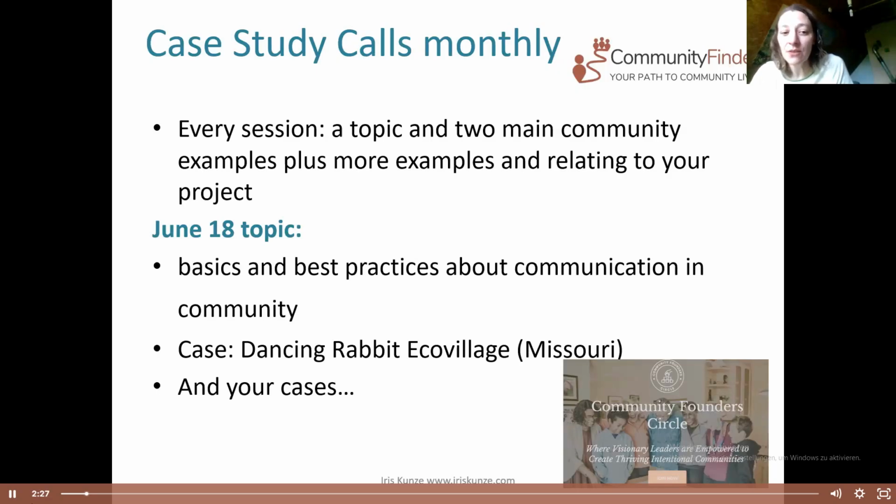And then we also have a space for your cases. I am at the moment at a community in southern Austria where I coach some people. I arrived today and stay till tomorrow. So you can have a look here, and I will maybe tell a bit about this place. It's a little farm community with just three or four families and some people living in mobile homes and the farmhouse, doing eco agriculture with goats and chickens.